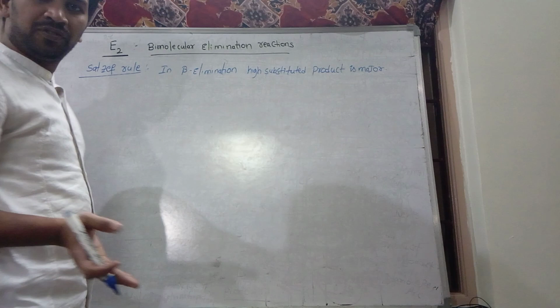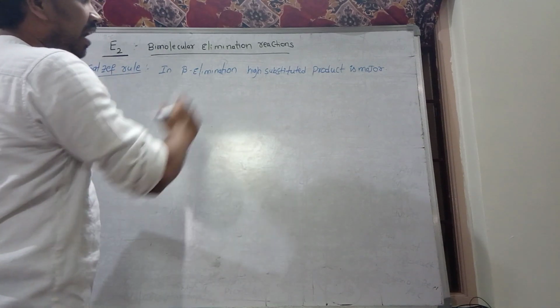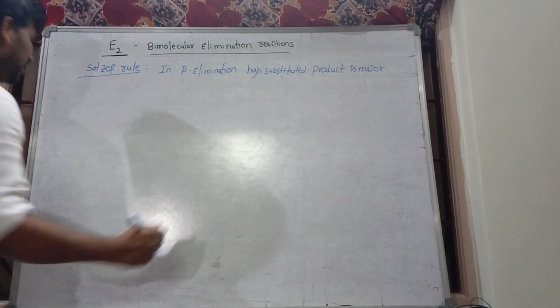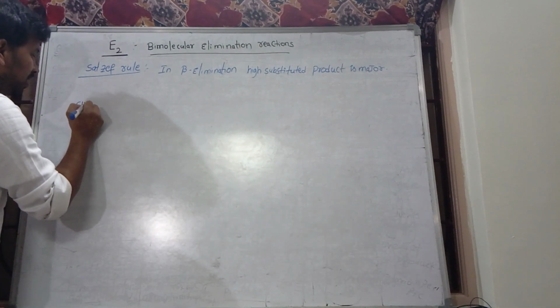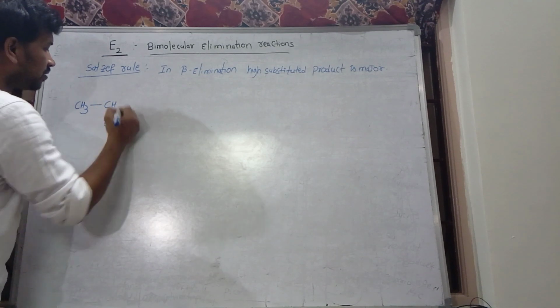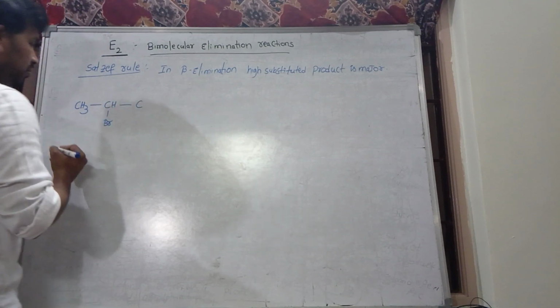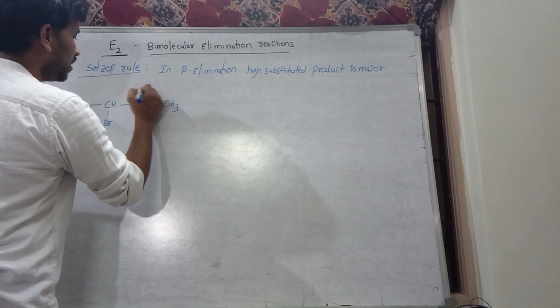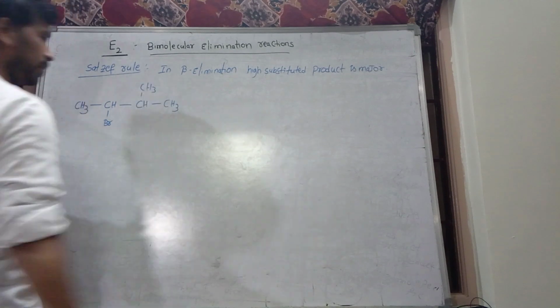So what is the Sedgwick rule? In beta elimination, the highly substituted product is major. For example, CH3CHBrCH(CH3)CH3.